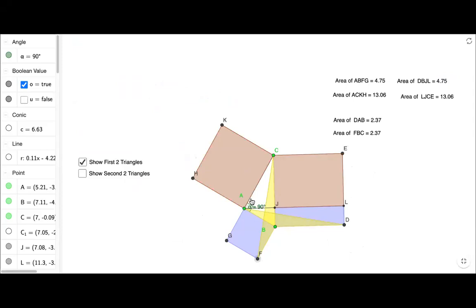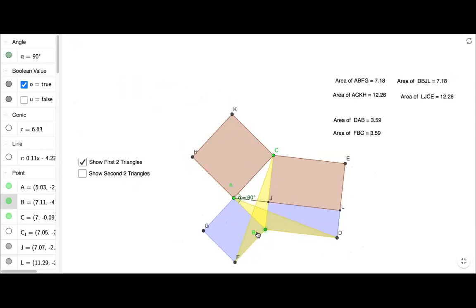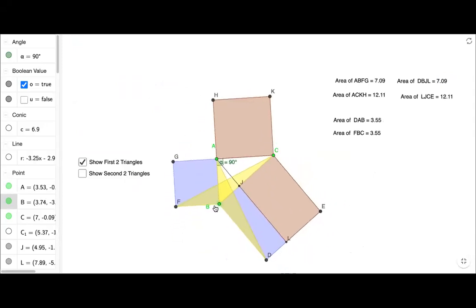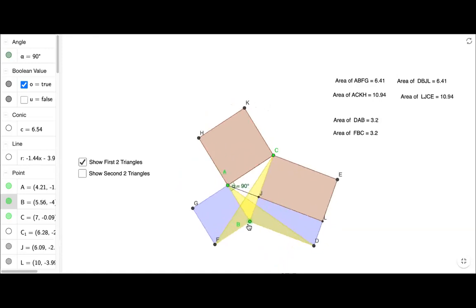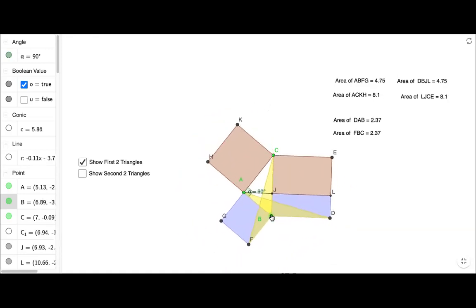It's a little hard to know which one of these rotates it. This yellow triangle is half the area of this blue square. On the other hand, if I rotate it this way, I can see that this yellow triangle is half the blue rectangle.